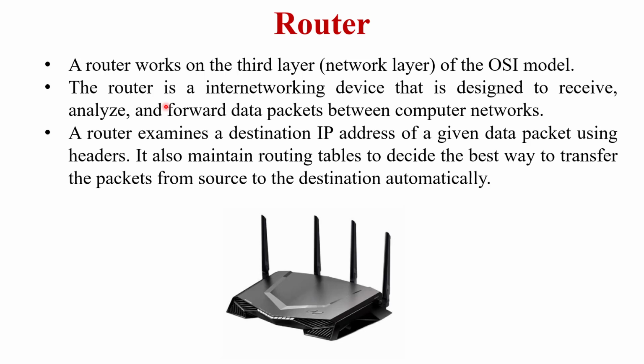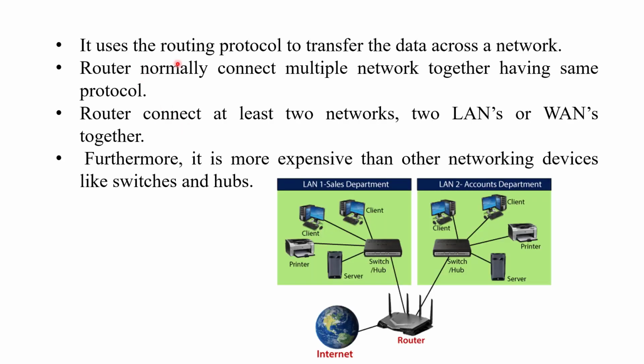Now some other features of router. To route the data packet across the network, router normally uses routing protocols. Routers are normally used to connect multiple networks together having the same protocol. Router connects at least two networks, like two LANs or two WANs, together and forms a single network.